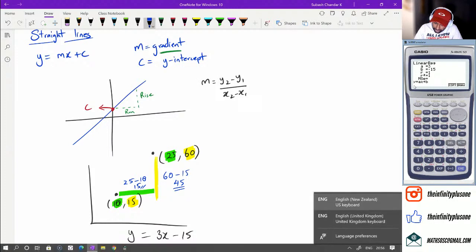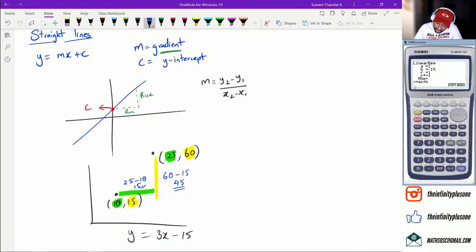Remember that the gradient is rise over run. So in this case, it's 45 over 15, which is 3. As you can see, you can still do this without a graphics calculator, and you can work out the gradient on its own.